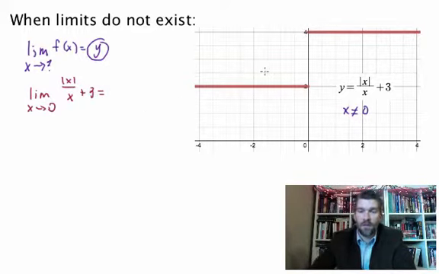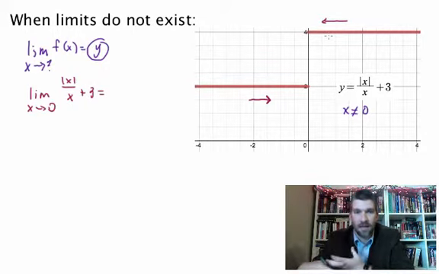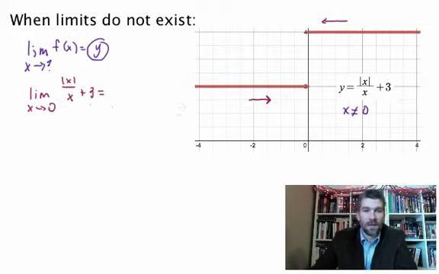Well, to do that, we need to look at what the y value we're approaching from the left side is and what the y value that we're approaching from the right side is. And as long as those two y values are exactly the same number, then we have a limit. So I'm just going to toss in a 1 here.